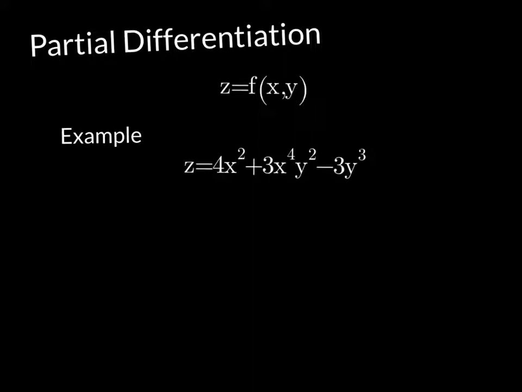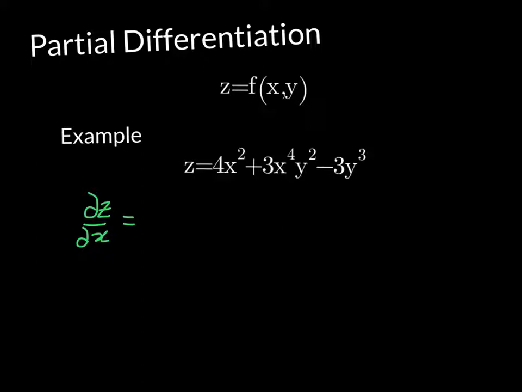So we don't need to do that for partial differentiation, we just treat the other variable, which is y here, as a constant. So let's say we want to find the partial differential of z with respect to x. Note here that partial differentials are usually represented by curly d's instead of the standard d's.